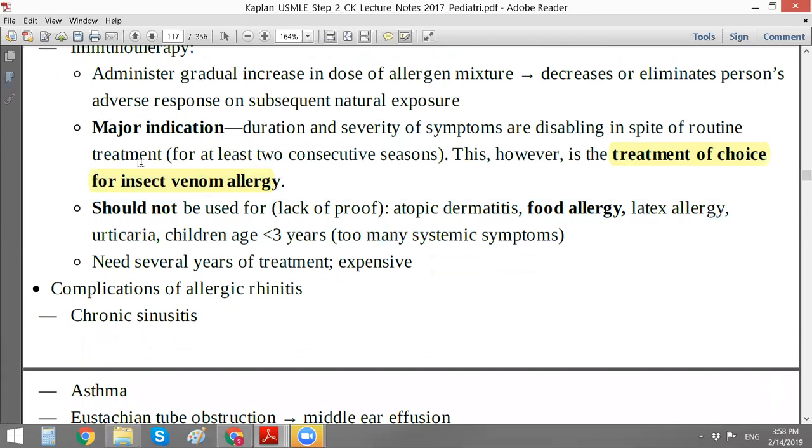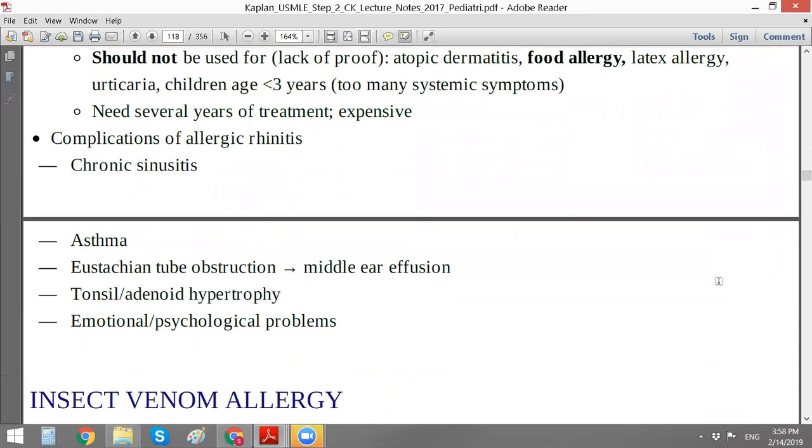Insect venom is like immune therapy: you are administering gradually increasing doses of allergen mixture. Should not be used for atopic dermatitis, food allergy, latex, urticaria, children less than 3, or multiple system syndrome. So we are just using it for insect venom desensitization, like bees and those things.